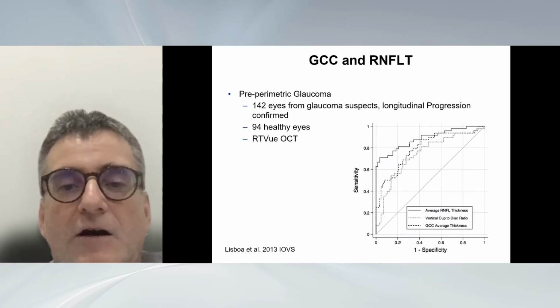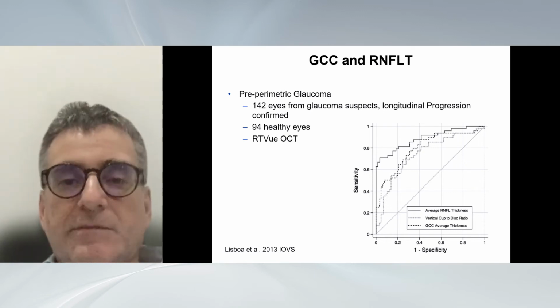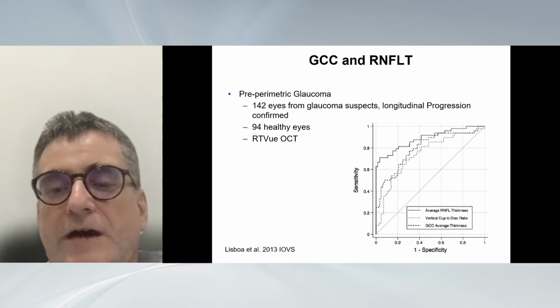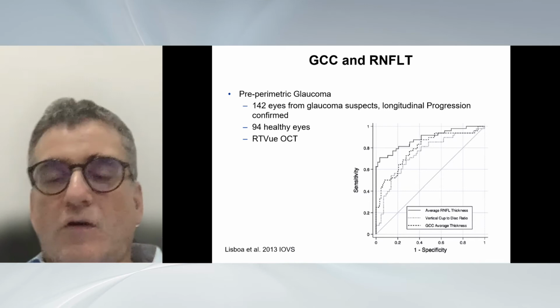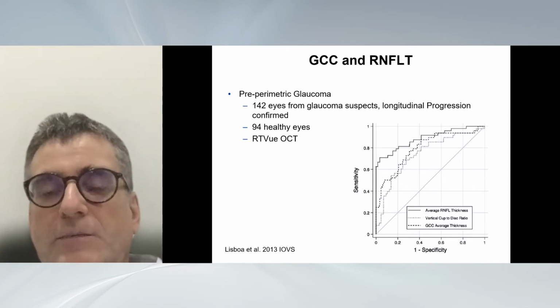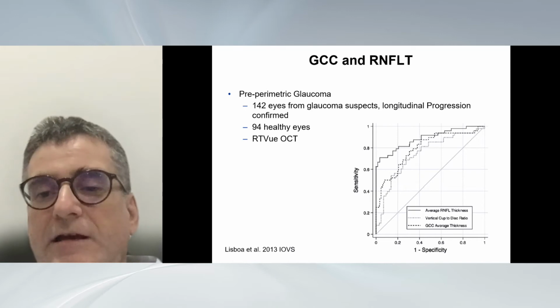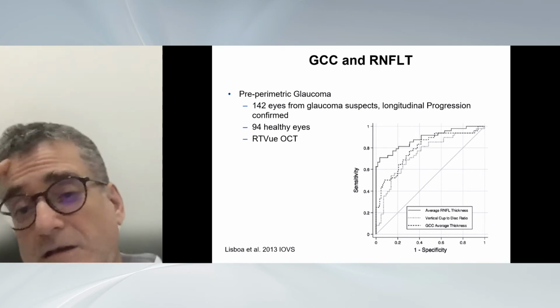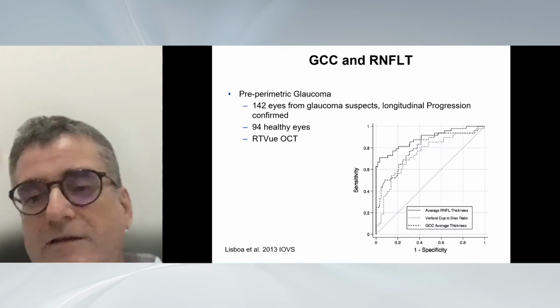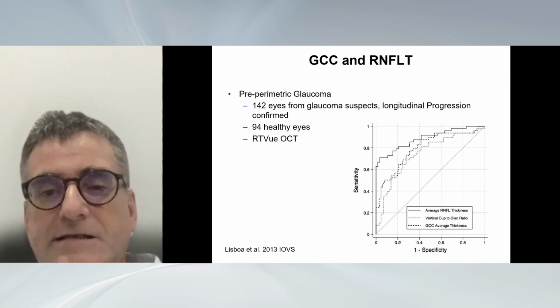And here you can see that the OCT is pretty good in actually detecting which of these glaucoma suspects were going to develop glaucoma in the future. By the way, this was true for both macular and optic nerve scans, and this really indicates that OCT is relatively good in detecting glaucoma, and particularly also in longitudinal studies to detect those that will develop glaucoma.